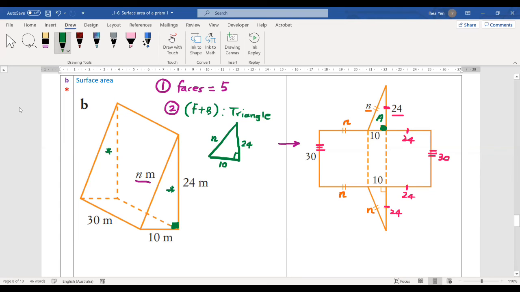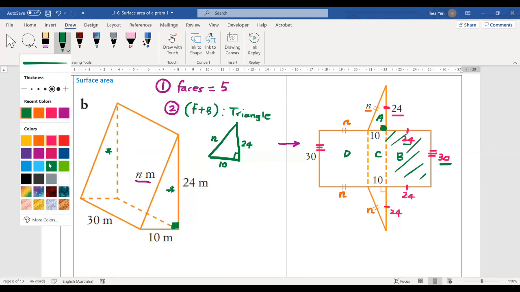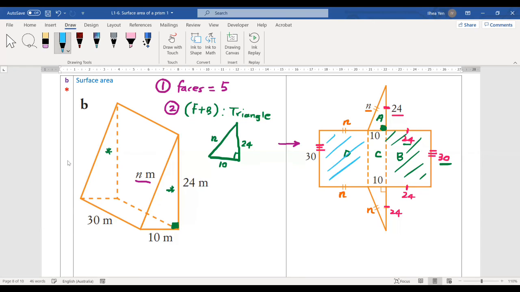Well, let's call it B. And I'm going to call this C and D. So when I look at this one, it has 24 and 30. But when I look at the other one, which is this part, I have n, which I don't know, and 30.